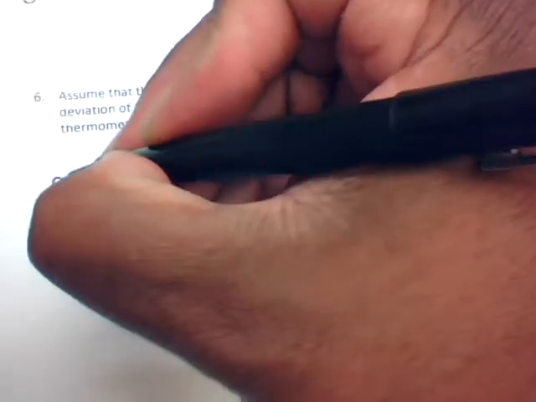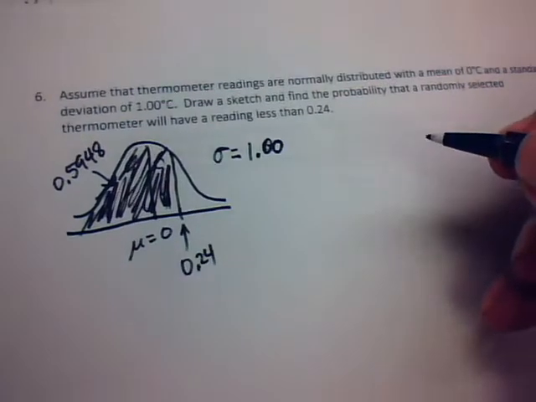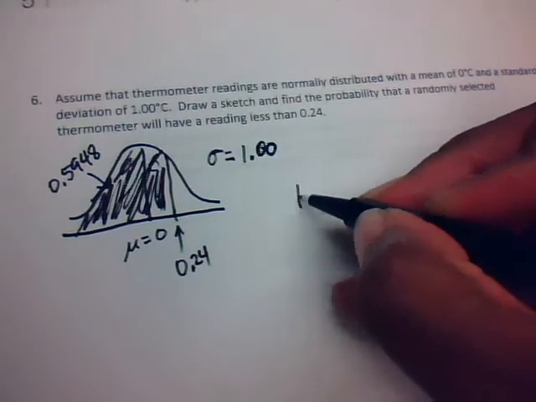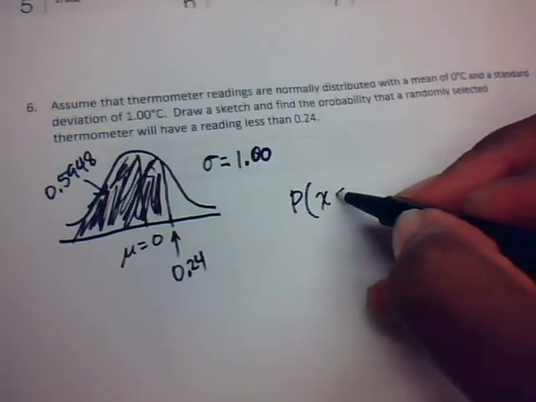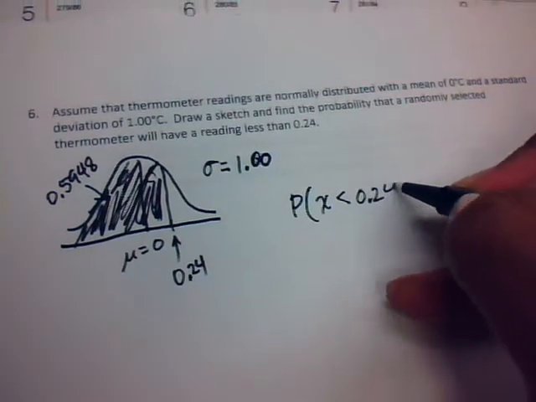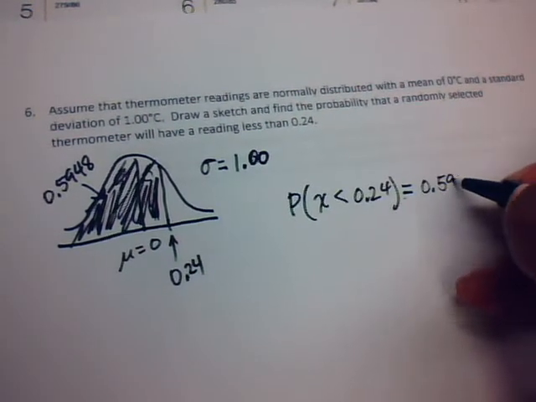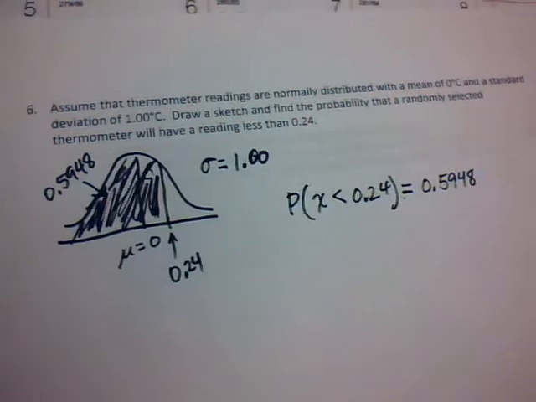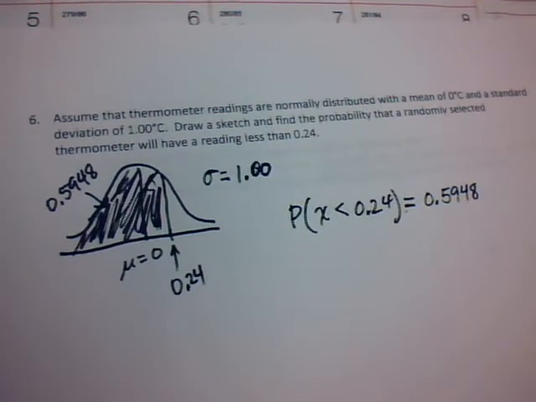That represents the area to the left of 0.24, which is that shaded area, 0.5948. So here, the probability of getting a thermometer reading less than 0.24 will be 0.5948. And that's all there is to it.